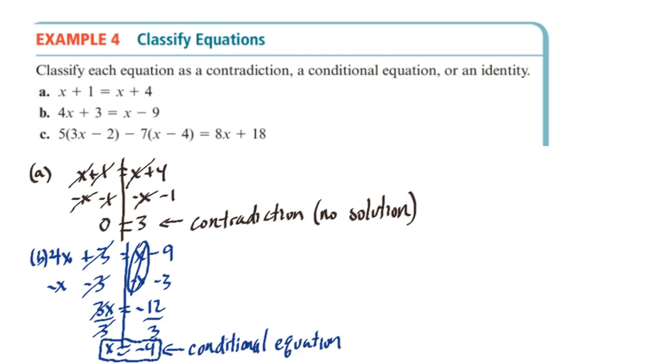All right, and let's move on to the third equation here. All right, so we have 5 times 3x minus 2 minus 7 times x minus 4 equals, and this is C, 8x plus 18.